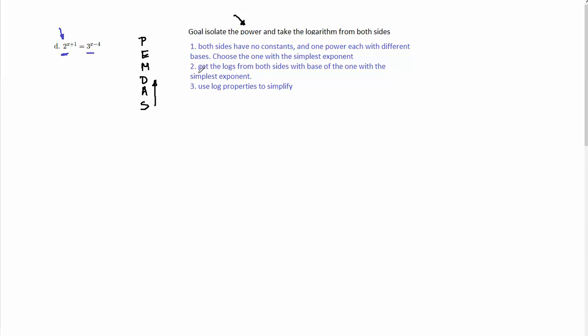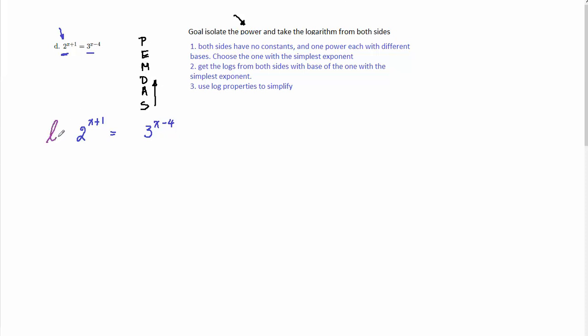The next step that I need to take is to take the logs from both sides of the equation with base 2. Since 2 to the x plus 1 is equal to 3 to the x minus 4, this means that the logarithms of those two will be equal as well.